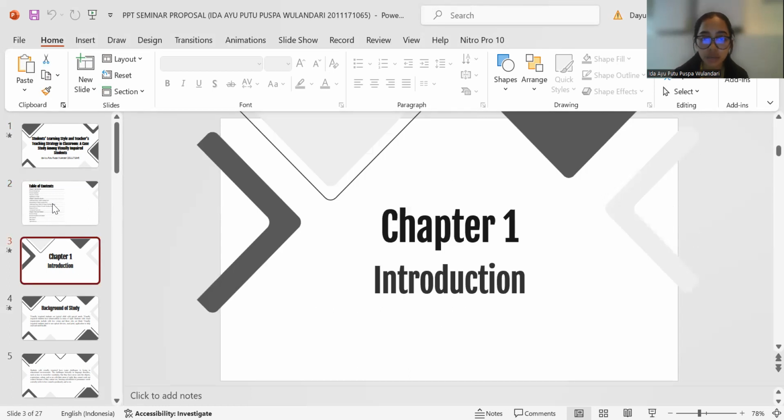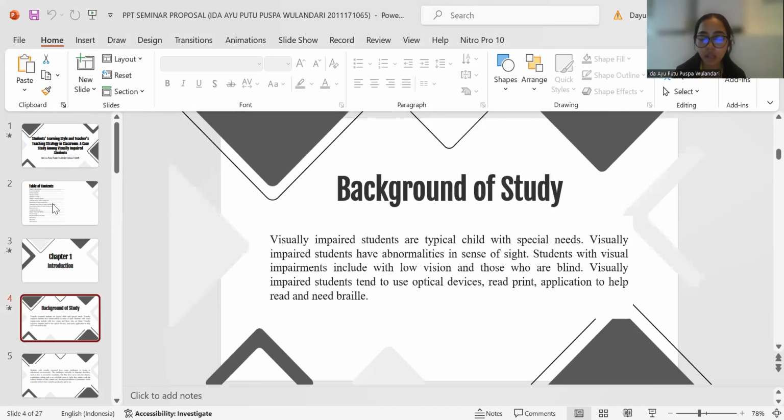All right, ladies and gentlemen, we're going to go to chapter one, the introduction. This is the background of the study. Ladies and gentlemen, do you know about visually impaired students? Visually impaired students are a type of child with special needs, and they have abnormalities in the sense of sight.